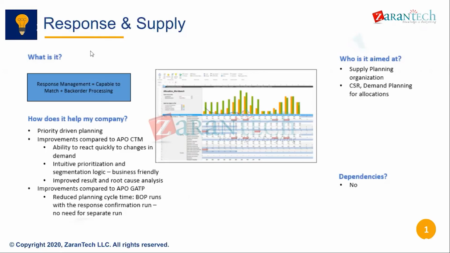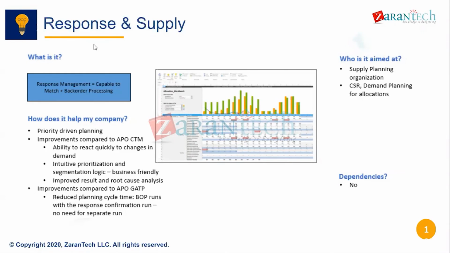We are also going to have some kind of deployment features that we had in APO, where we are going to deploy our stocks from the manufacturing units to our distribution centers using the response module. And the supply planning will just support your heuristics and optimizer. The response module also supports your heuristics and optimizer.